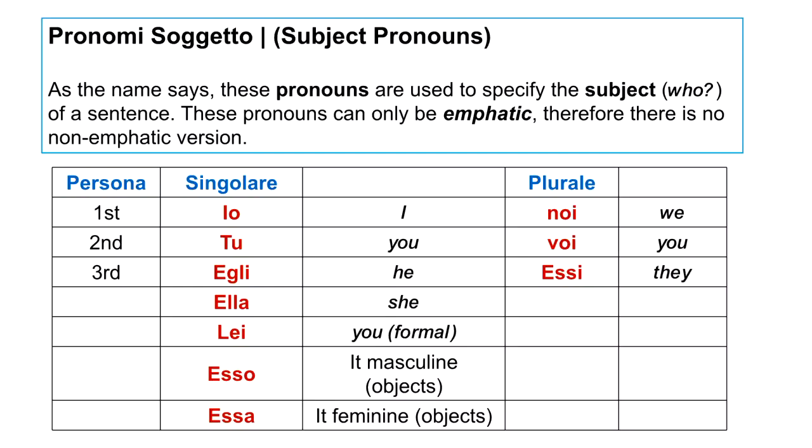And then the other difference is essi. I learned this way, that the third person plural is essi. But, as I said before, with regard to egli ed ella, essi is not used very frequently nowadays. It's mostly used for formal writing and speaking.